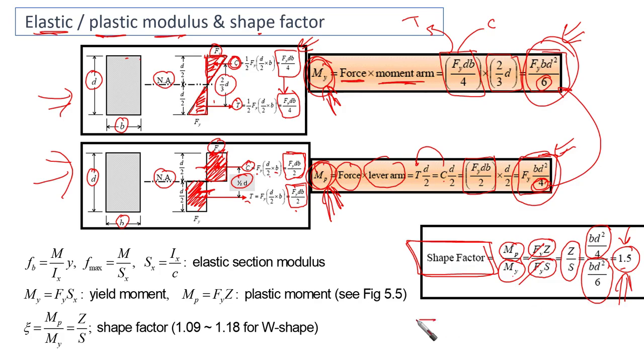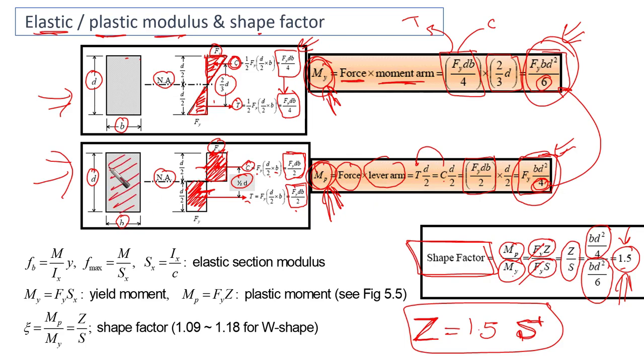This means that the plastic section modulus is going to be 1.5 times the elastic section modulus whenever we are talking about rectangular sections. That's the meaning here. So we are going to have almost 50% extra bonus if we use the plastic section modulus.